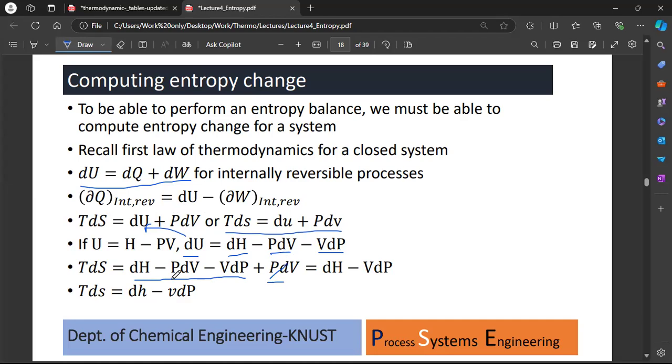The PdV and the minus PdV cancel each other out, and I'll be left with TdS equal to dH minus VdP. Is that okay? So we are building up to a certain point. We can say that our TdS is dH minus VdP. Once again, this is in the extensive form because we are seeing the capital letters. We can divide through by the mass of the system and get it in the intensive form.